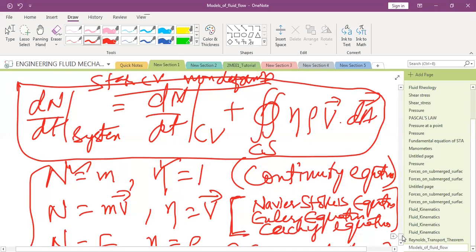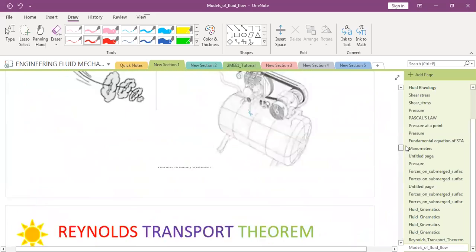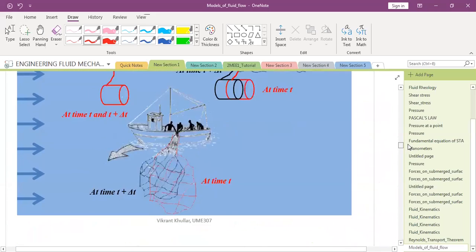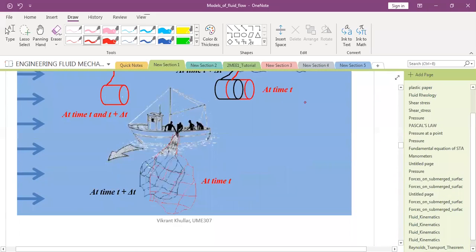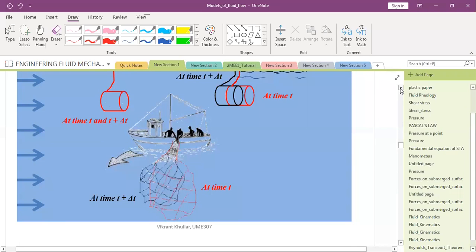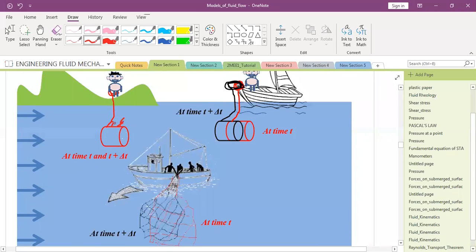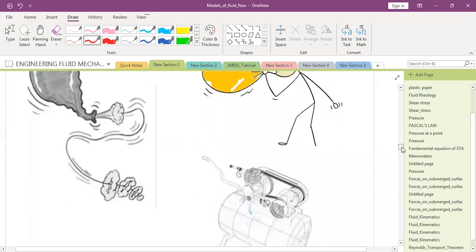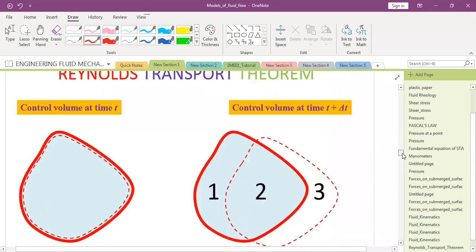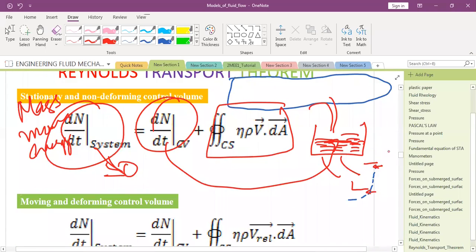Now, I told you that we have derived it for the simplest case, that is, for this kind of configuration in which the control volume was stationary as well as not deforming. If you want to extend this formula to these two also, then there's only a small change in the entire expression, and then the Reynolds transport theorem can be applied to moving as well as deforming control volumes.